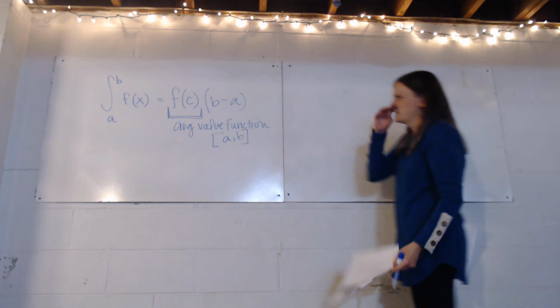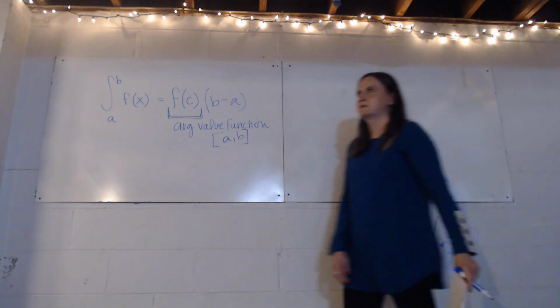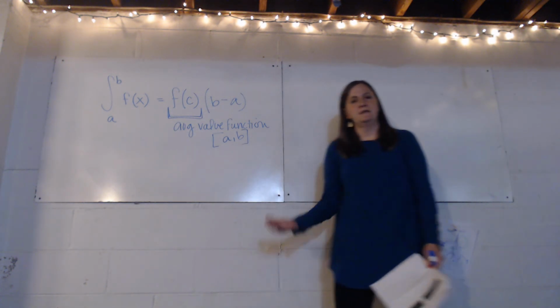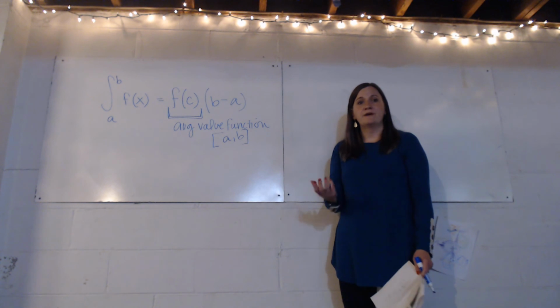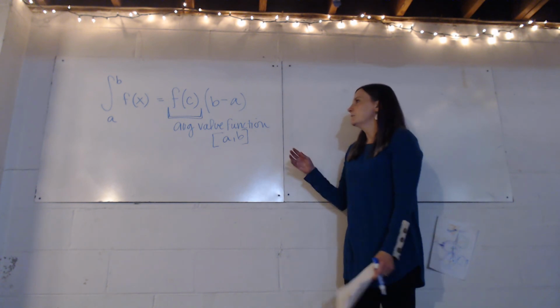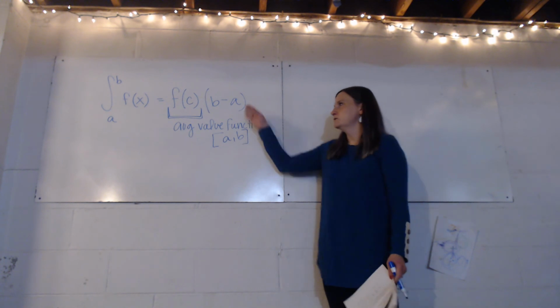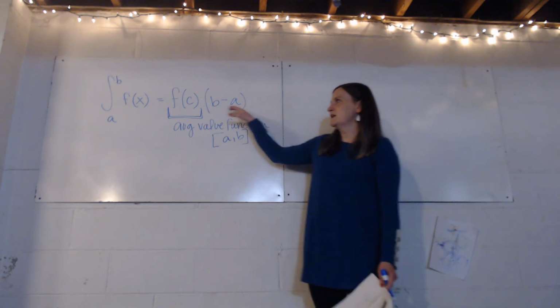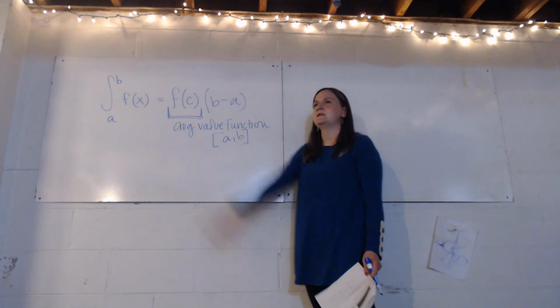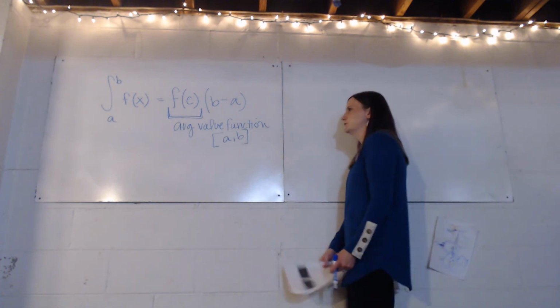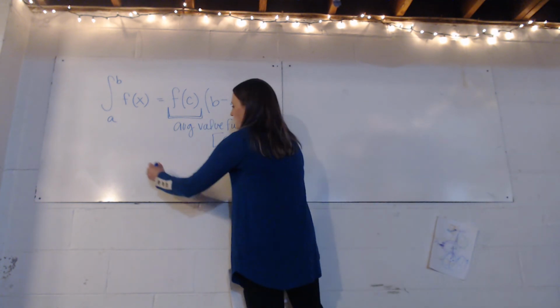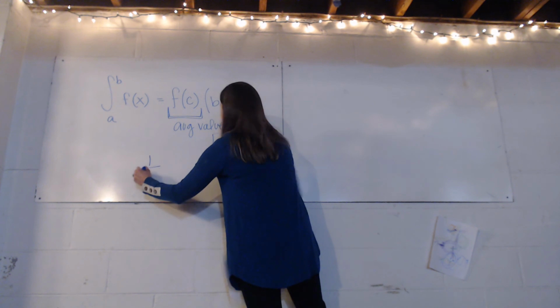So if I have a simple function, x squared, and I want to look at it in the interval 0 to 4, I can find the average value of that function in that interval if I use this mean value theorem. If I solve for f of c, being that average value of the function, I divide both sides by b minus a.